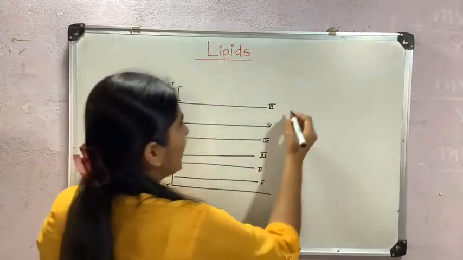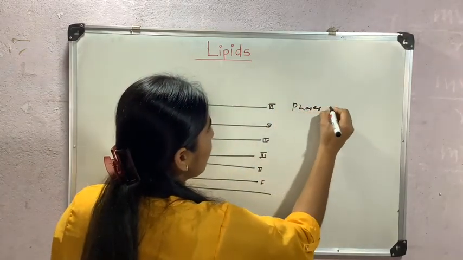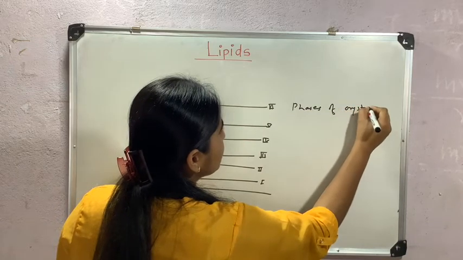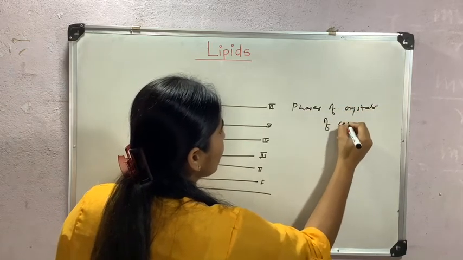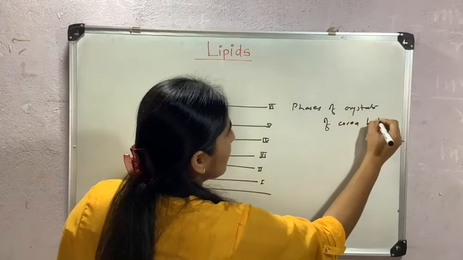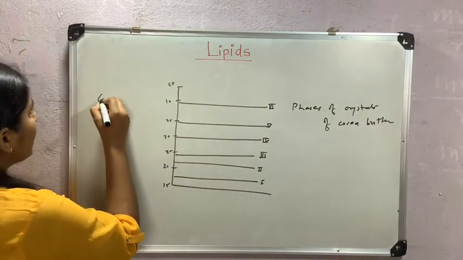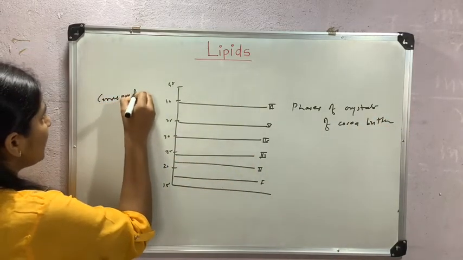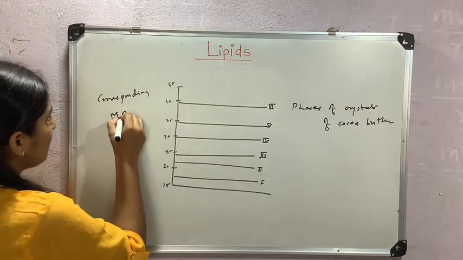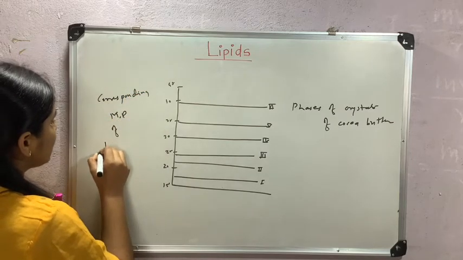These are the phases of crystals of cocoa butter, and these are the corresponding melting points of the crystals.